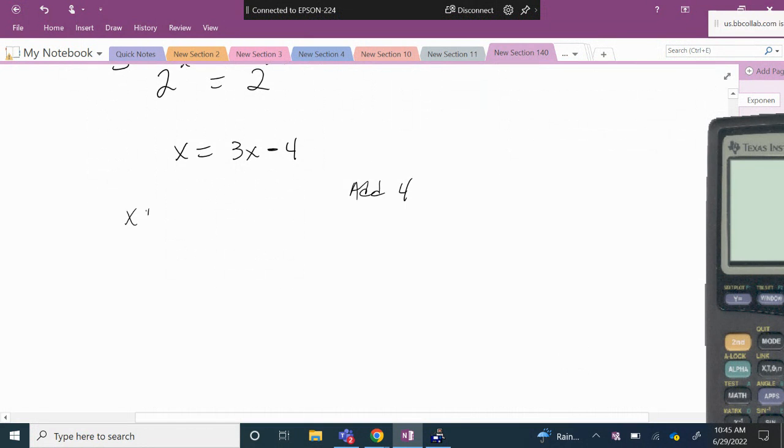I'm going to add 4 to the left-hand side and 4 to the right-hand side. The properties of equality tell us whatever we do to one side, we do the same thing to the other. So on the left-hand side, we have x plus 4. On the right-hand side, we have 3x, because the 4s cancel.